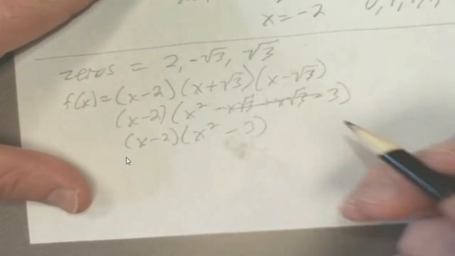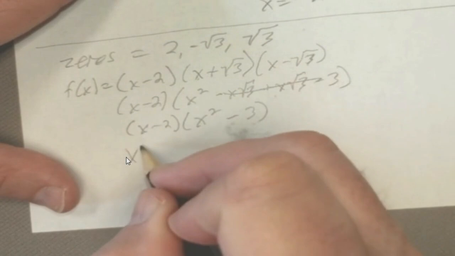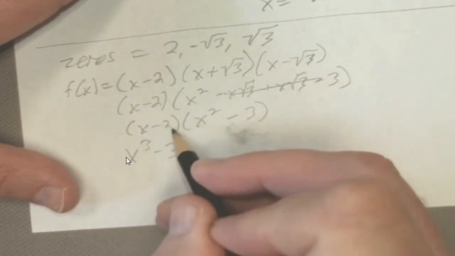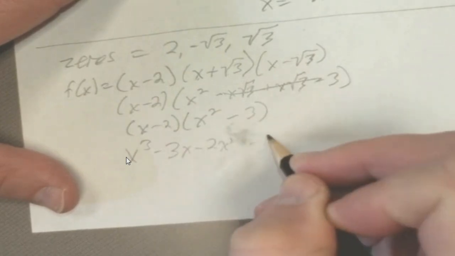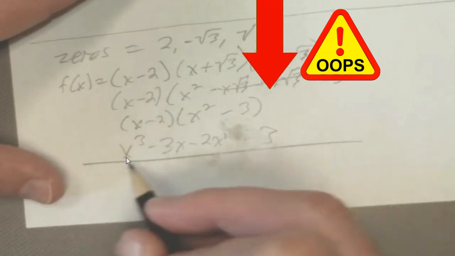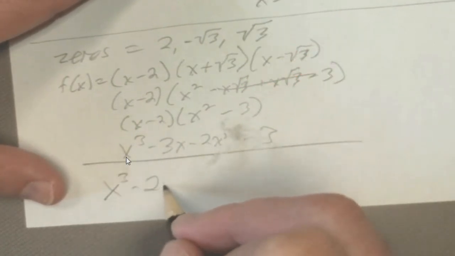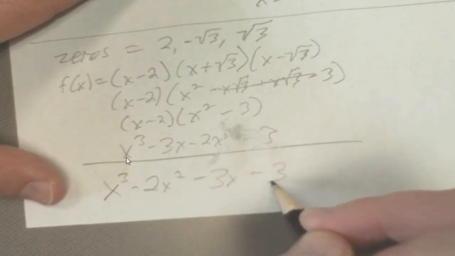So this is simplified down. Getting my paper all messy here. Now let's multiply this. X times x squared is x to the third. X times negative 3 is negative 3x. Negative 2 times x squared is negative 2x squared, and then minus 3. So simplifying this, x to the third minus 2x squared minus 3x minus 3.